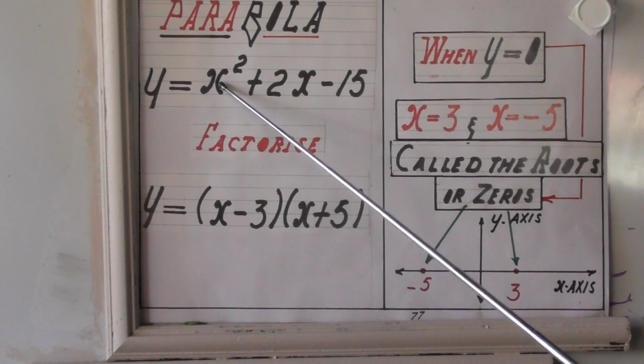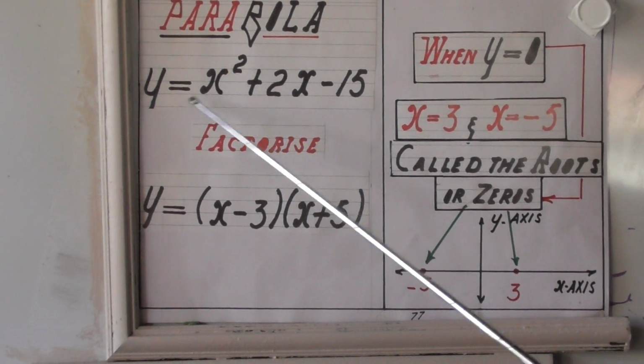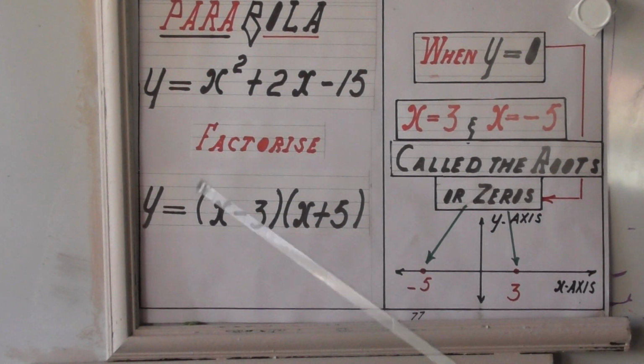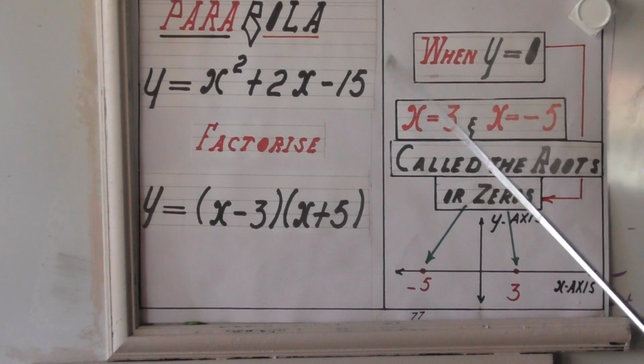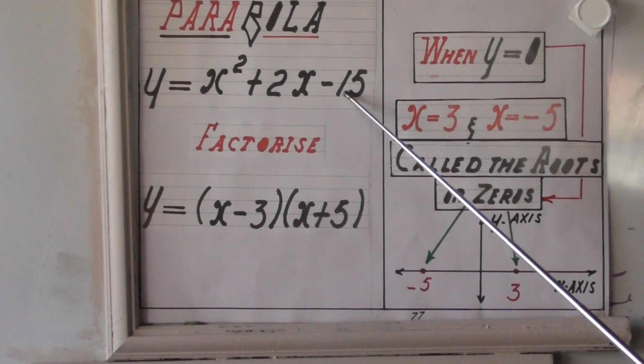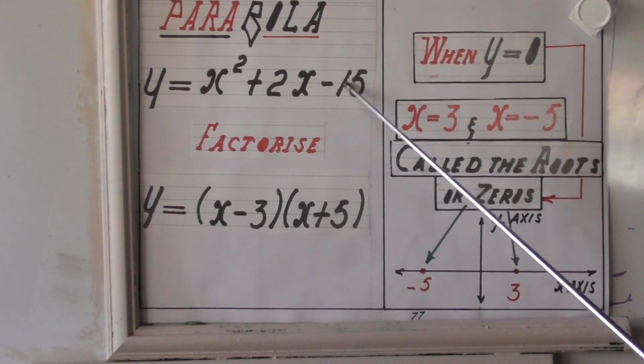You see the y in the x squared, so straight away we know if x is naught, y is negative 15. So that's the lowest point of the parabola.